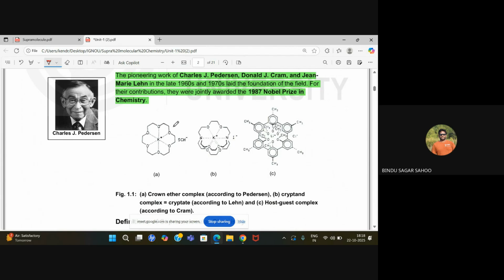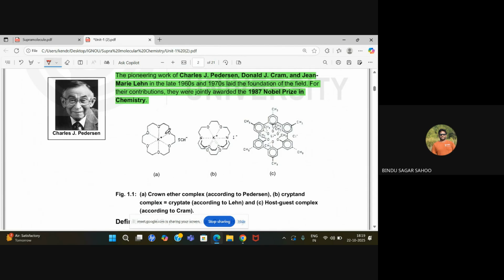Okay, so the property of crown ether complex is a little bit different. That means in between the macrocyclic ligand, they will form a cavity, and this macrocyclic ligand will behave like a host, and this potassium ion will behave like a guest ion. So when a host attaches to a guest molecule, there should be some conditions.